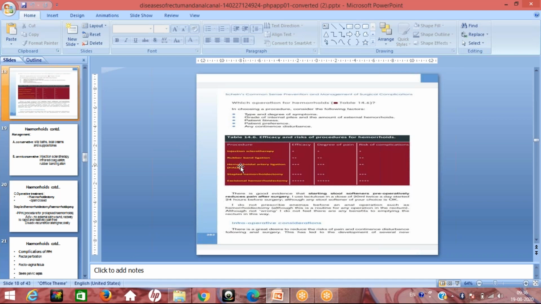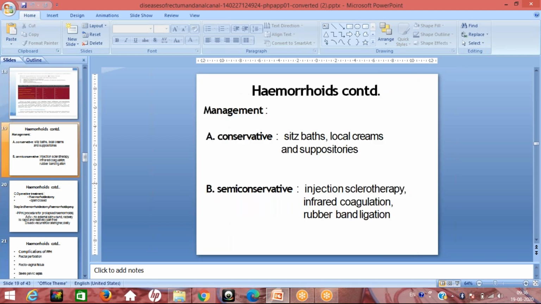And then there is hemorrhoidal artery ligation, based upon the Doppler. Surgeries, you need to remember 2 surgeries. Most commonly here, the constipation and all, you need to correct those. So conservative management is the sitz bath.